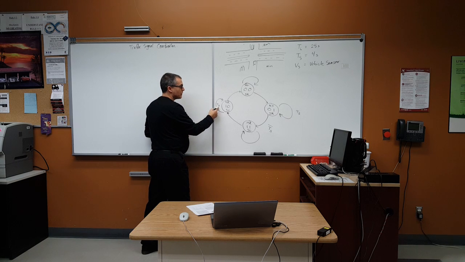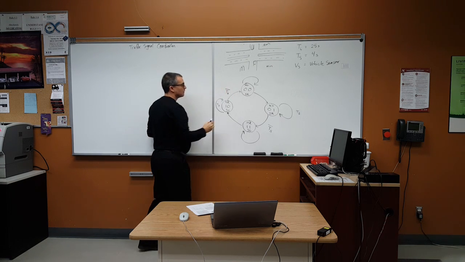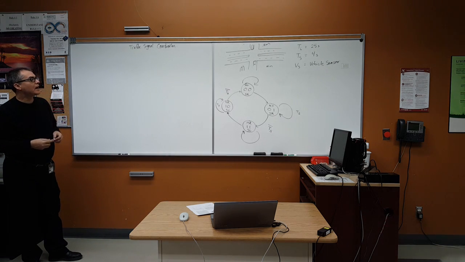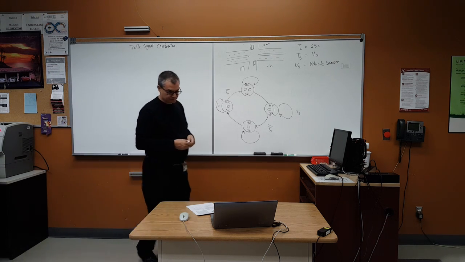So the timer starts, as long as that countdown timer is still going, you stay in the current state. As soon as that timer expires, you go to the next state. Okay, so now we have to try to figure out, other than the short timer, which is easy because it doesn't depend on anything else.